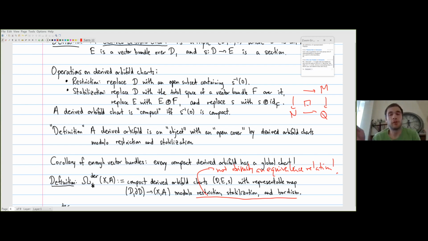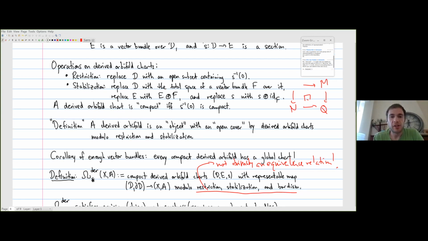If you have two derived orbifold charts mapping to X, you first restrict, then stabilize, and then ask for bordism, that's an equivalence relation. But it's non-trivial to check this, and the content is precisely enough vector bundles. This would obviously be an equivalence relation if we defined this bordism group in terms of derived orbifolds, because then you just glue them together, as you do for bordisms of ordinary orbifolds.